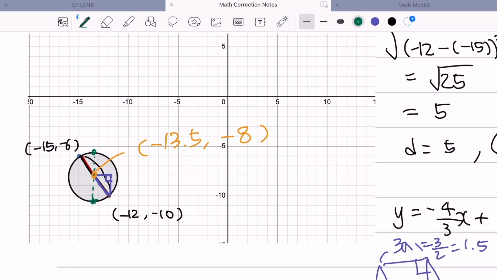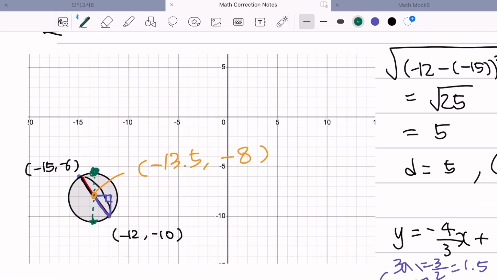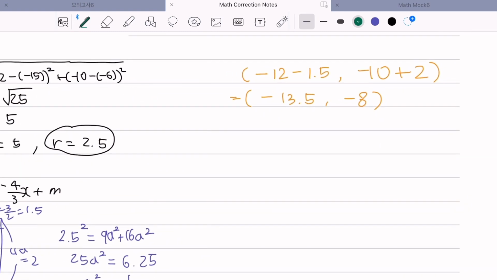But since we know the value of y, which is b, should be greater than -8, the value of b should be this point, not the star. And now it's easy to find b because we know all the information for the circle, so we can find the formula of the circle. The formula would be (x + 13.5) squared plus (y + 8) squared is 2.5 squared.